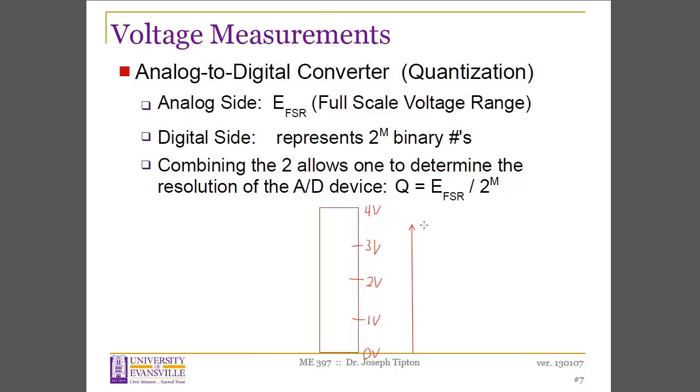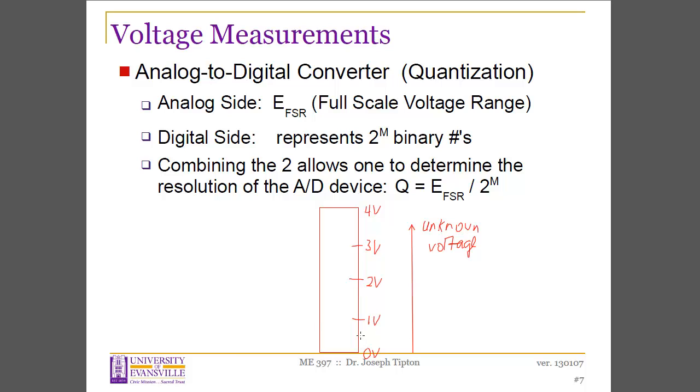And then, here's my, we'll call this my unknown voltage that we wish to measure. Okay, so my ruler is set into increments of volts, and then on the digital side, I can represent that by a certain combination, certain resolution on the ruler.